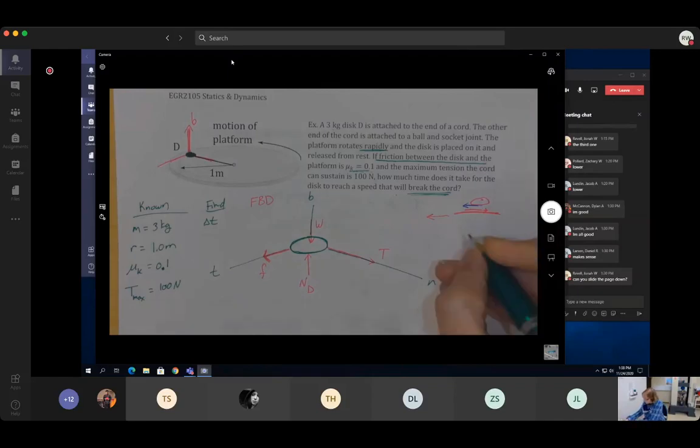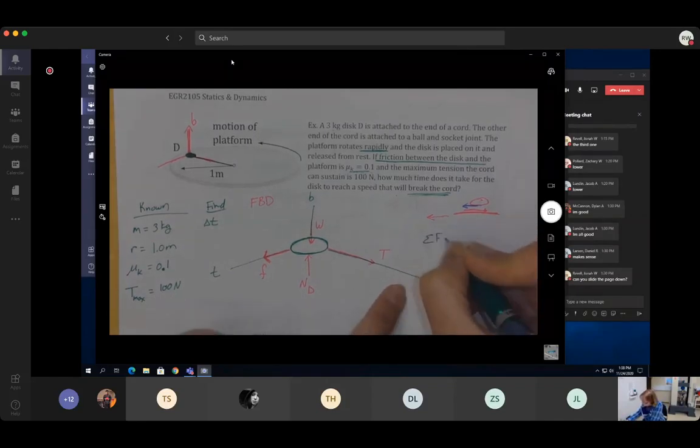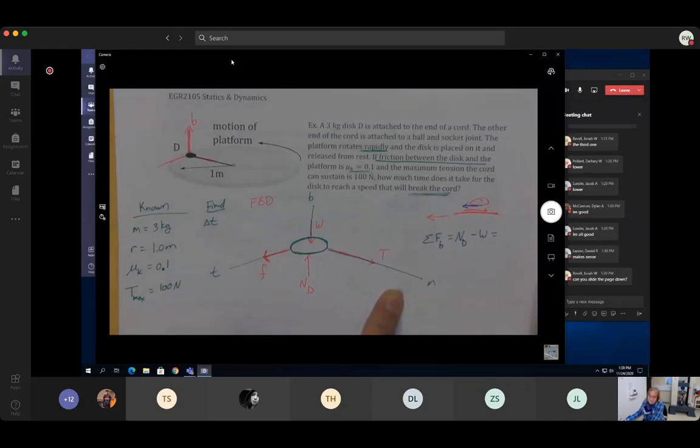So now we can sum forces. If we sum forces in the B direction, we've got our normal force minus our weight should be equal to what? What are my options when I sum forces?